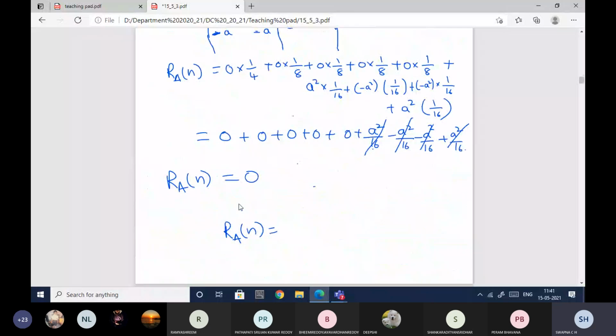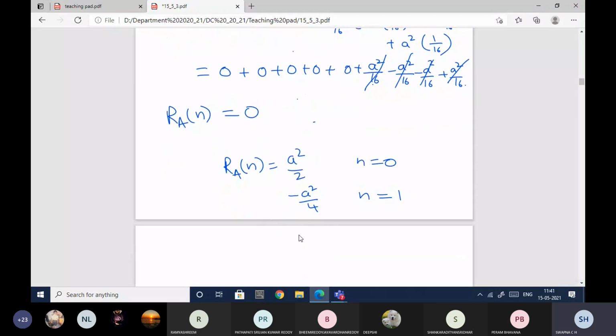So array of n is equal to a squared by 2 for n is equal to 0, minus a squared by 4 for n equal to 1, and equal to 0 for n greater than 1. As I've already mentioned, for n equal to plus 1 or minus 1, for both this value will remain same. The reason behind that is the autocorrelation function is even symmetric. You have proved it also in DSP lab, we have conducted this experiment.